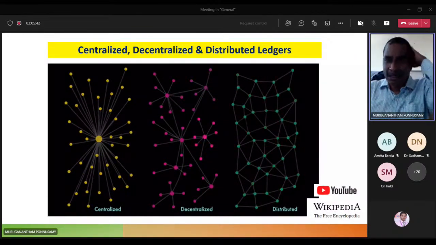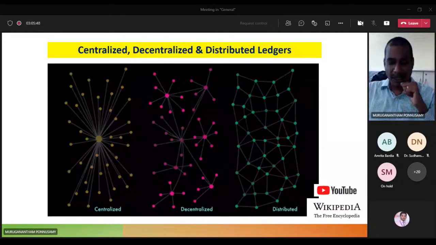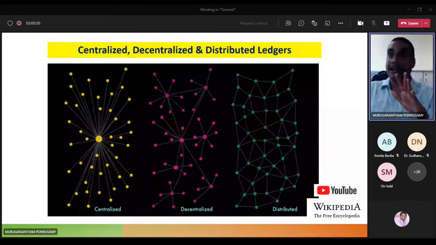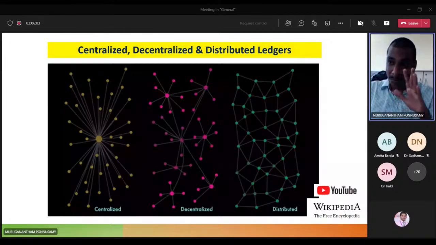So the distributed ledger stands in contrast to a centralized ledger, which we currently adhere to in our financial sector. The centralized ledger is the type of ledger that most companies are using. A centralized ledger is more prone to cyber attacks and fraud as it has a single point of failure.